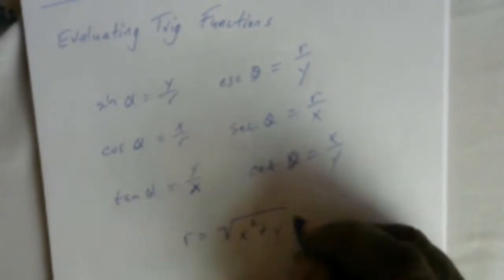We also have that r is equal to the square root of x squared plus y squared, which is no more than the Pythagorean theorem. We also have x is equal to the square root of r squared minus y squared, and y is equal to the square root of r squared minus x squared.